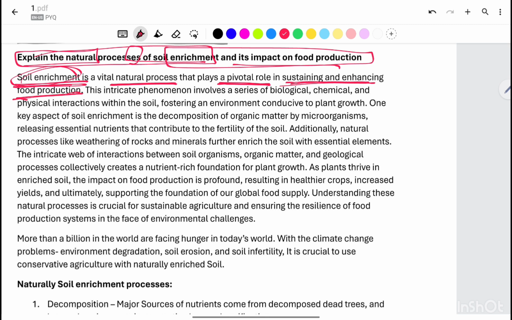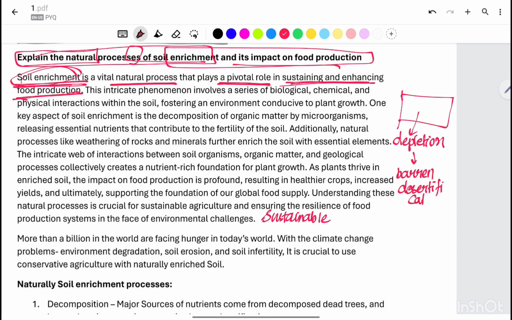When the soil is enriched, it leads to the sustainable growth of plants. Otherwise, there will be depletion of minerals and the soil turns into barren land. Desertification happens if the soil is not enriched properly.